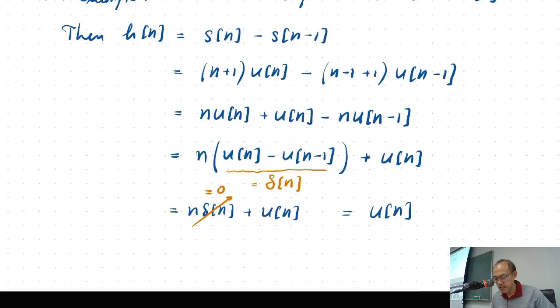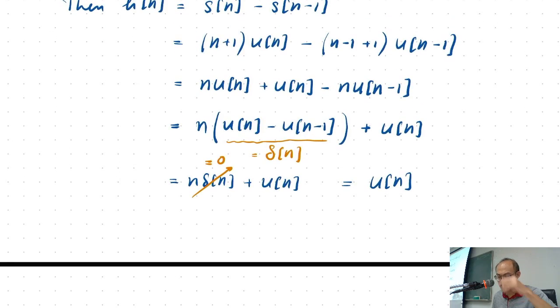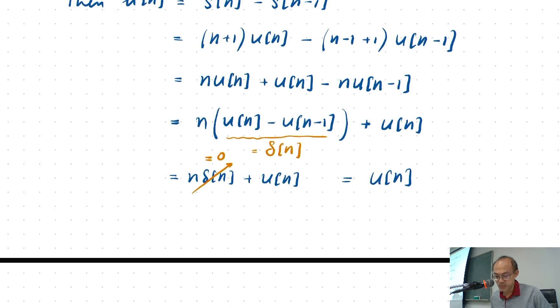Now, it turns out that some of the properties of systems can be determined by looking at the impulse response, if the system is linear time invariant, just as in chapter 2, right?